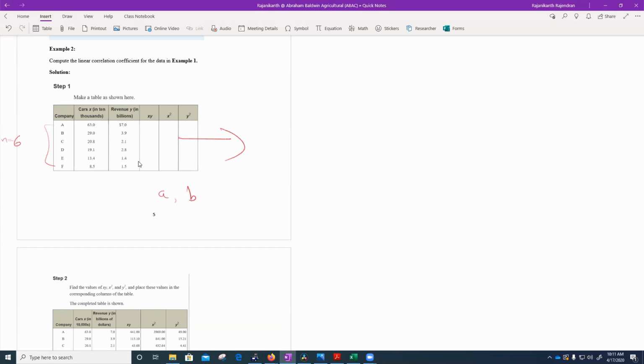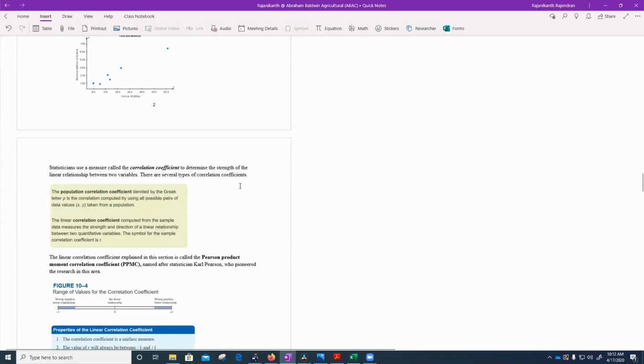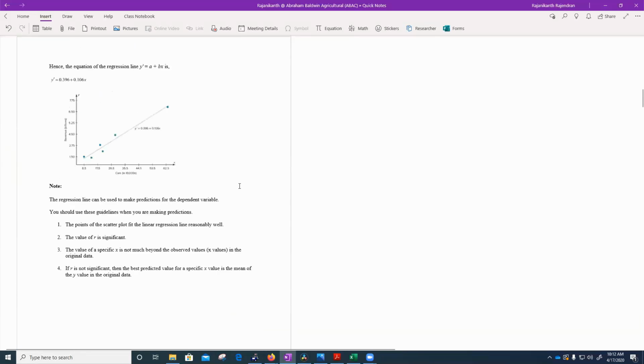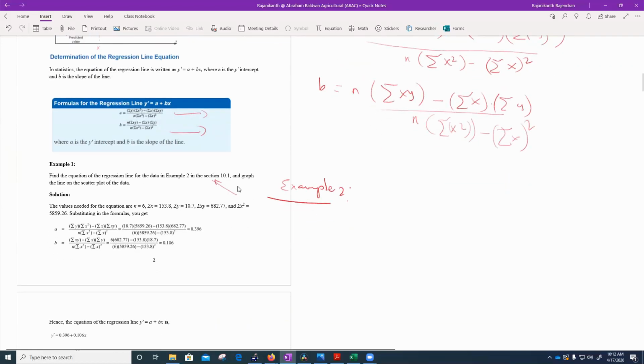Okay. So you could look at these data values. Now let me go through this. We are going to use those data values. Therefore, n is 6 there. The summation of all the x data values is 153.8, which we had last time. Summation y is 10.7. The summation of xy is 682.77.